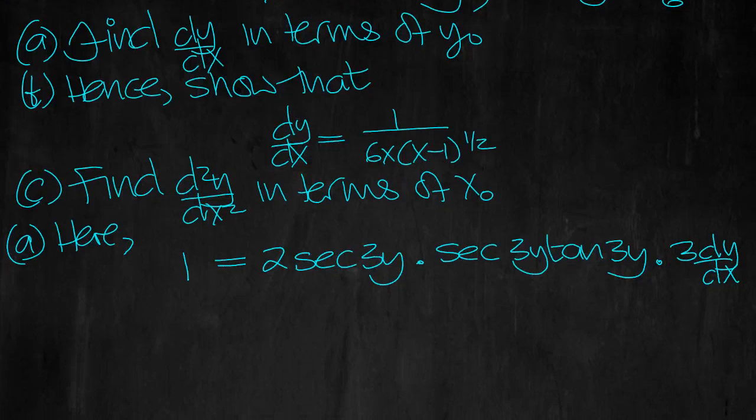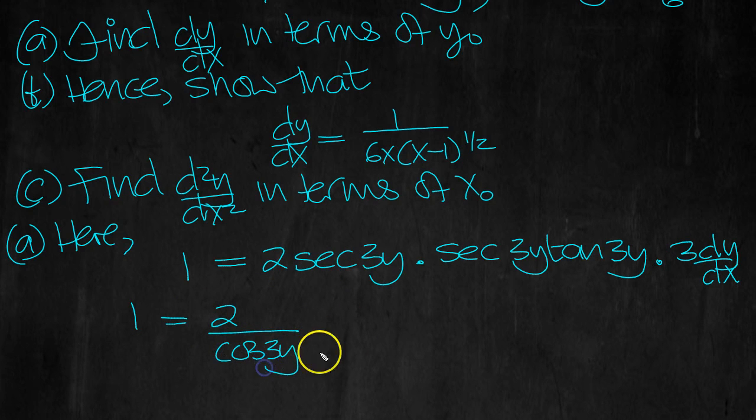So find dy/dx. So, okay, what have we got here? 1 is equal to 2. Sec is 1 over cosine, isn't it? And then there's another cosine here. And then the tan is sine 3y over another cosine, isn't it? So that's a cube now.